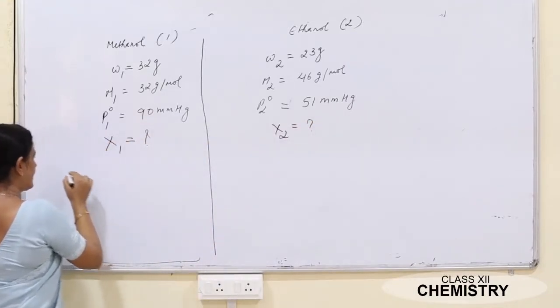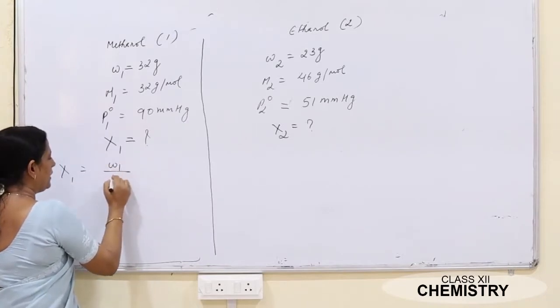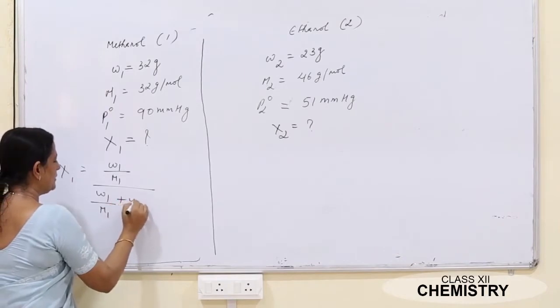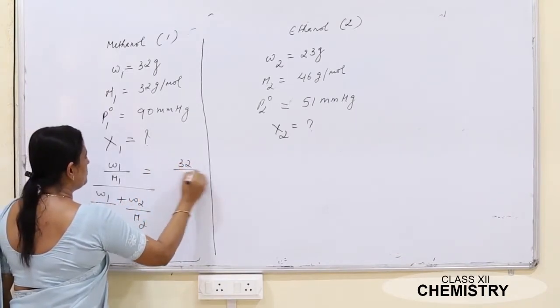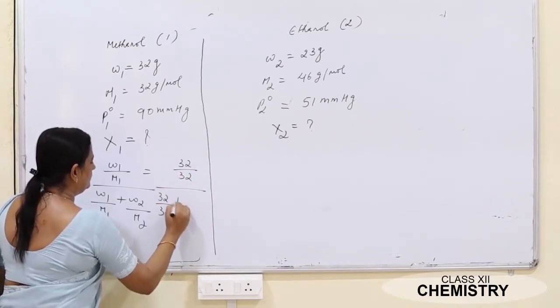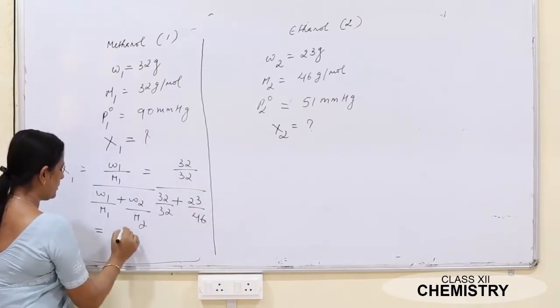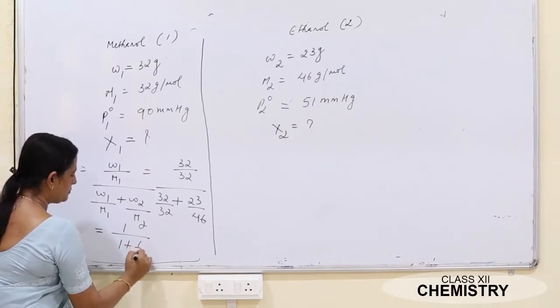So now how will you find out x1? x1 is equal to W1 by M1 divided by W1 by M1 plus W2 by M2. So it comes to be 32 by 32 plus 23 by 46. So which will be equal to 1 by 1 plus 1 by 2.